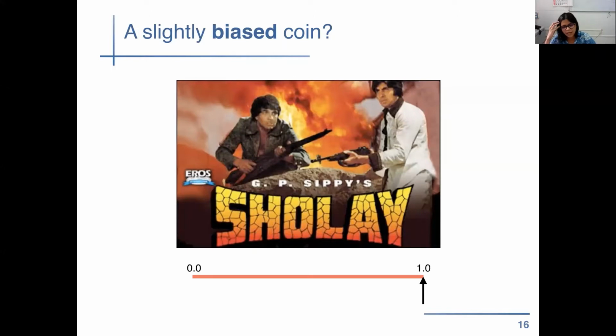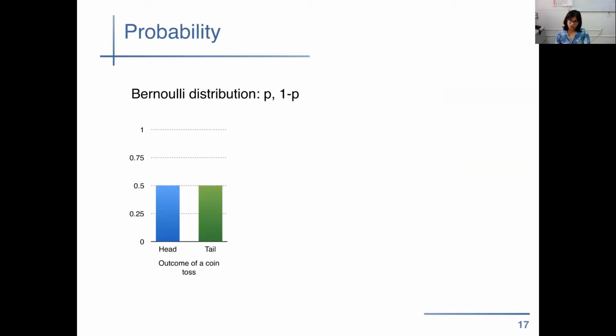But what if it's a slightly biased coin? Which means it's not half, but let's say 0.8. What happens then? First of all, how do we represent this bias? We can represent this model, so to speak, as a Bernoulli probability or Bernoulli trial.